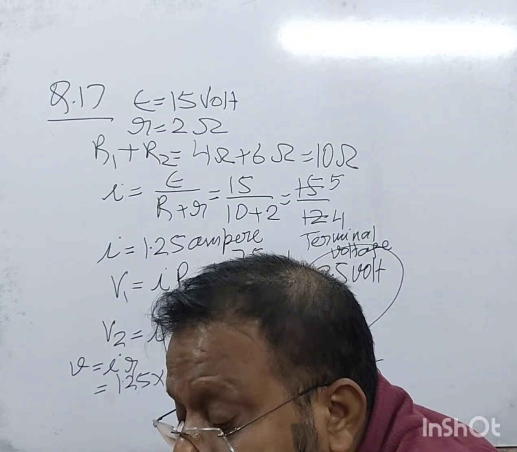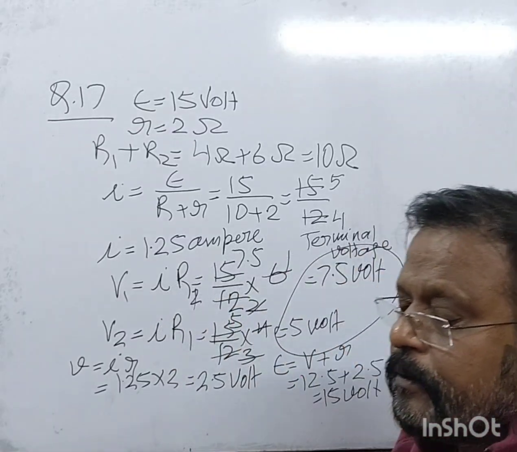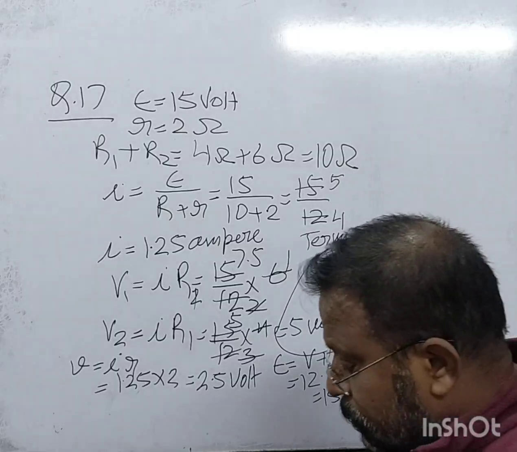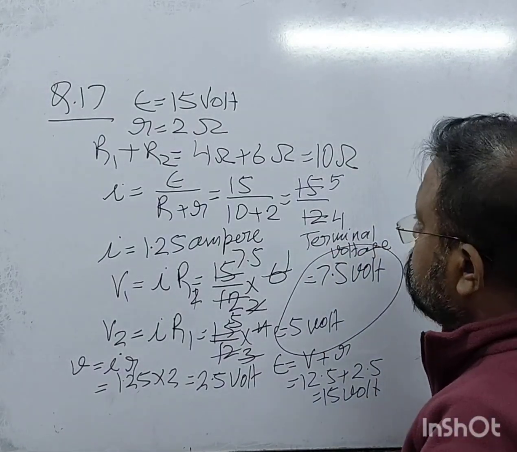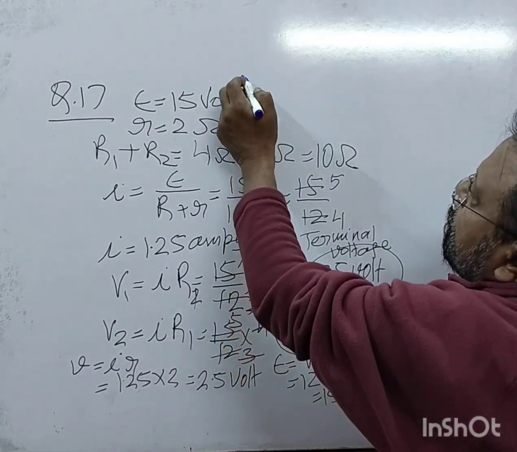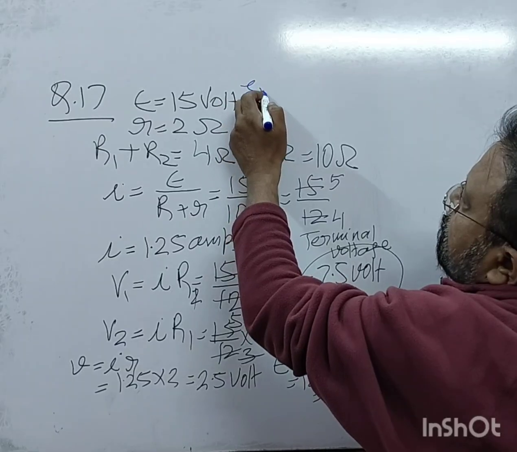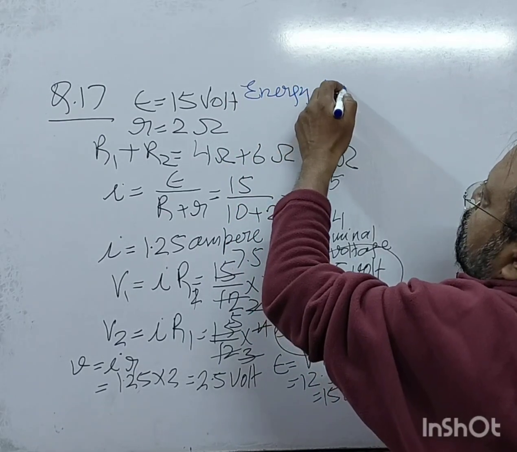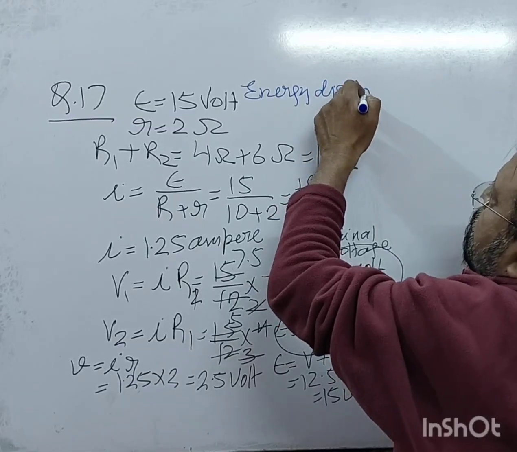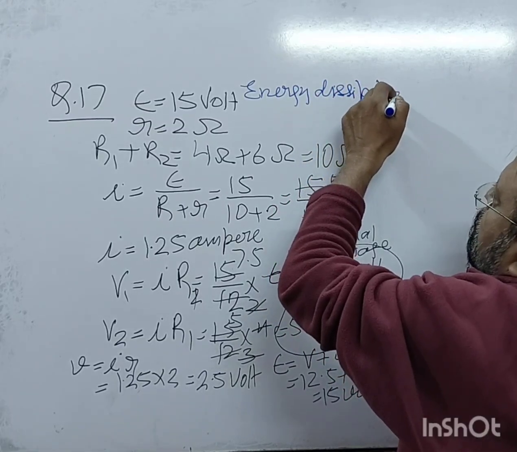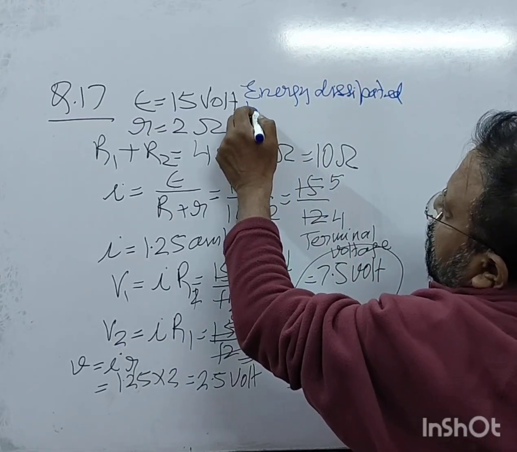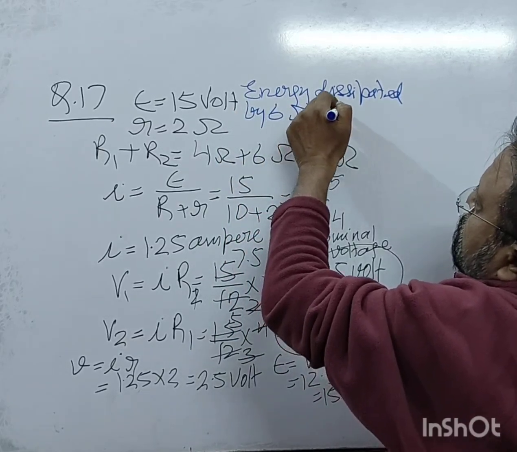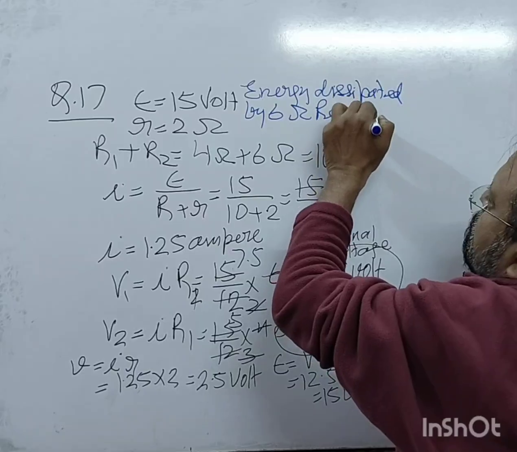It's 6 ohm resistor ना, तो per minute मतलब 60 seconds. तो energy dissipated by 6 ohm resistor.